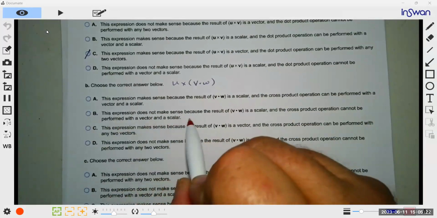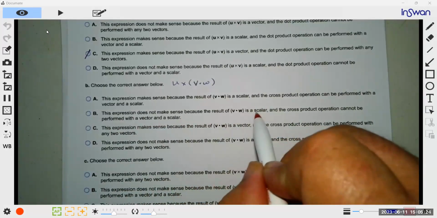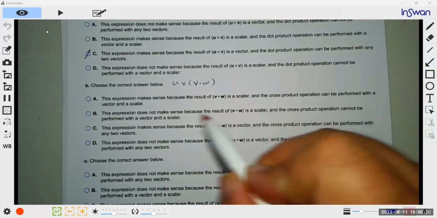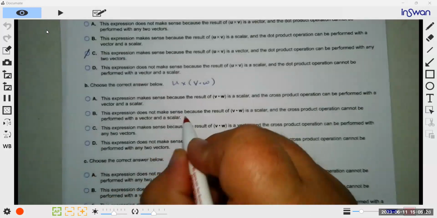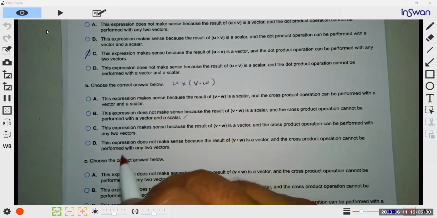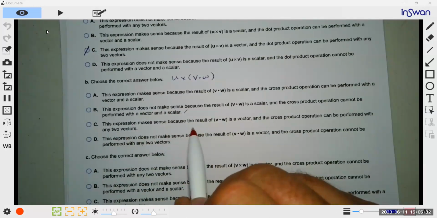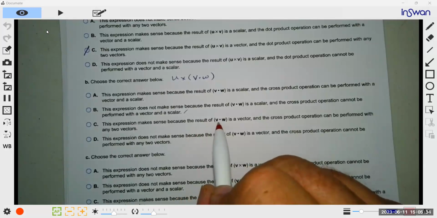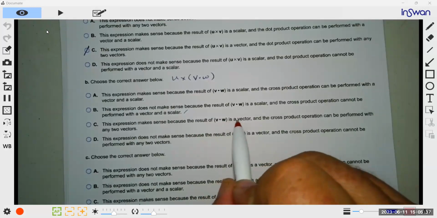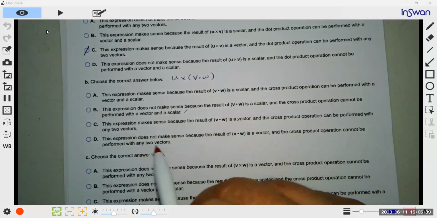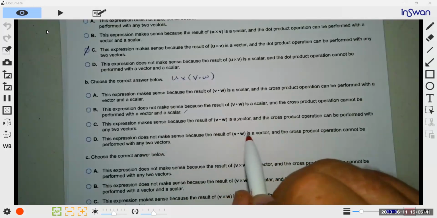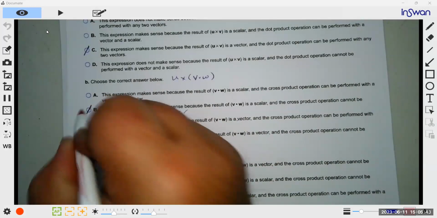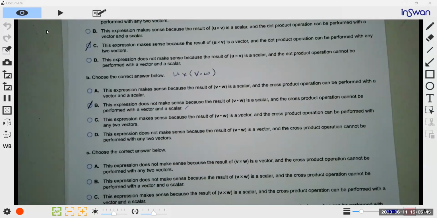The expression does not make sense because the result is a scalar and cross product cannot be done with a vector and scalar. True. So far, this is the best one. The option saying U dot V is not a vector, it's a scalar, is wrong. So the only one that makes sense is B. Remember, cross products give you vectors, dot products give you scalars.